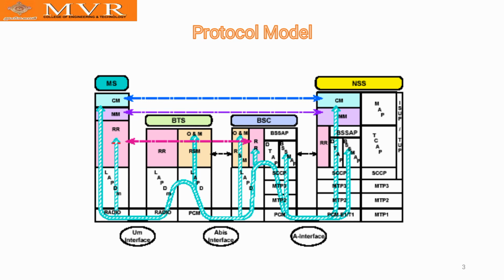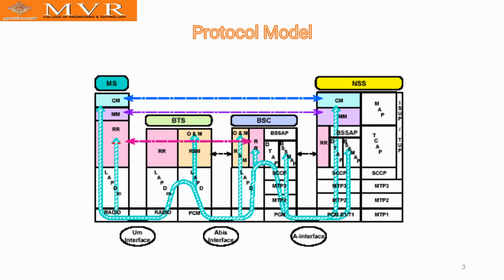Those all communicate in network switching by using connection management. In this connection management, all are connected to the modules by using the protocols of the Um, Abis and A interfaces. These three interfaces will be connected.